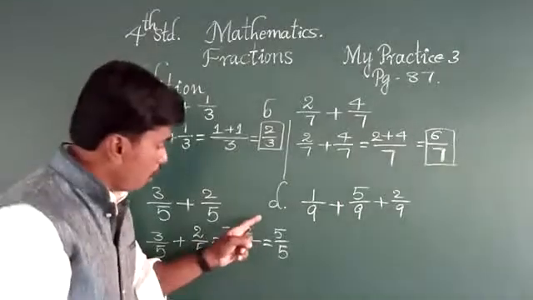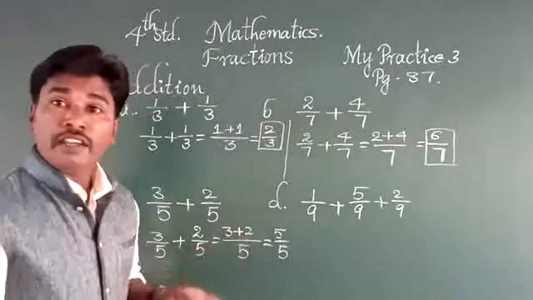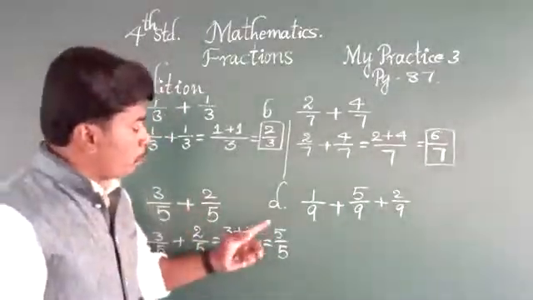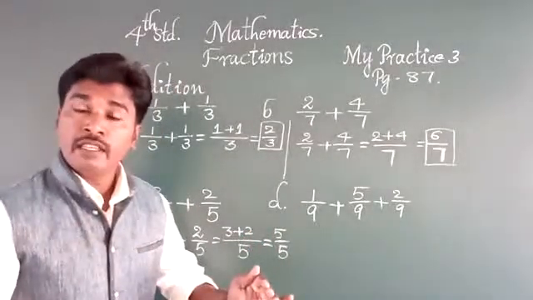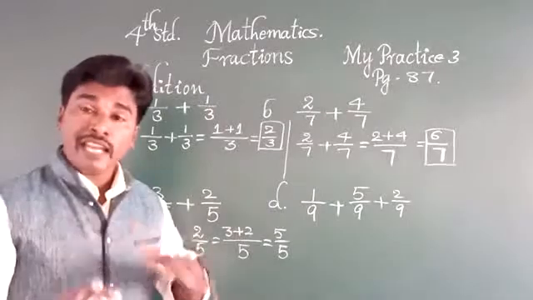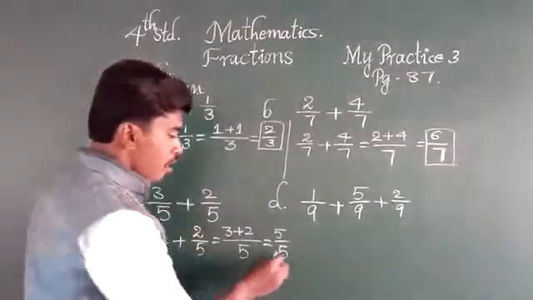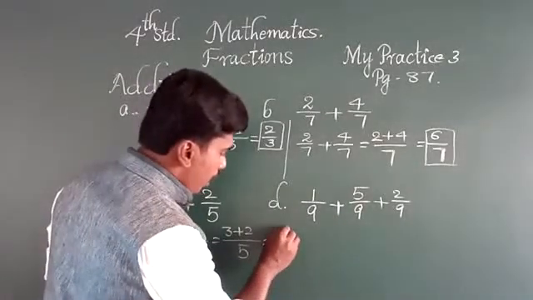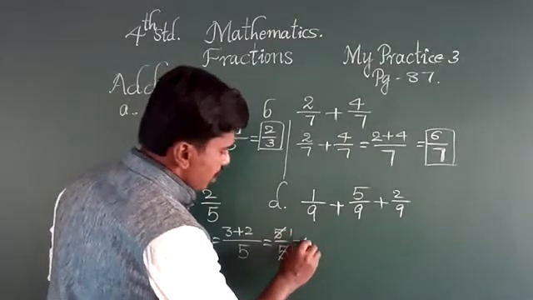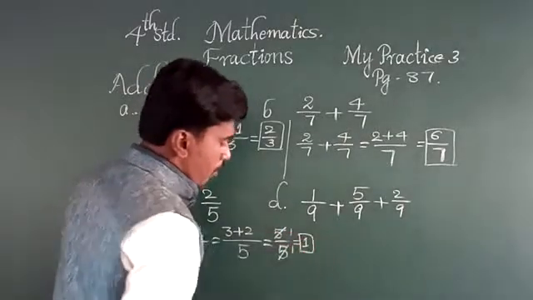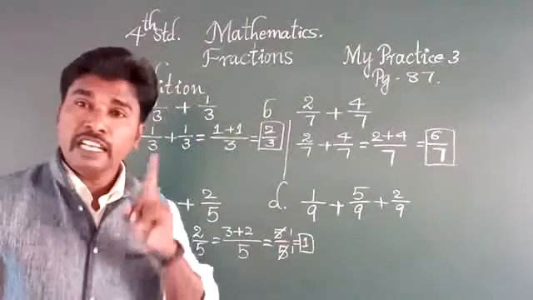Observe, dear children, you are getting 5 by 5. If both numerator and denominator are the same, you can cancel them. How to cancel? 5 ones are 5, again 5 ones are 5. So 1 by 1, your answer is 1. 5 by 5 is nothing but 1.